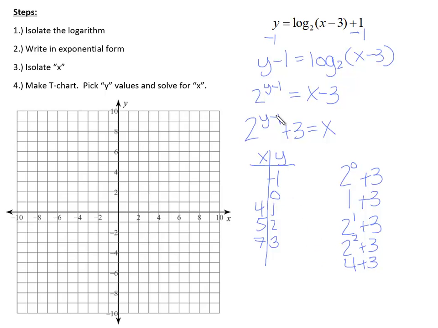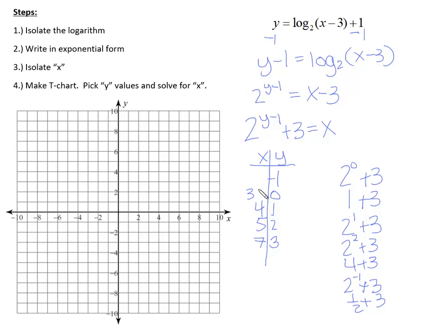Let's go the other direction. If I plug in 0, 0 minus 1 is negative 1. So I get 2 to the negative first plus 3. 2 to the negative first is 1/2 plus 3, which is 3.5.